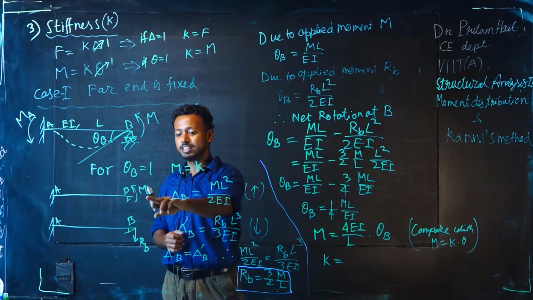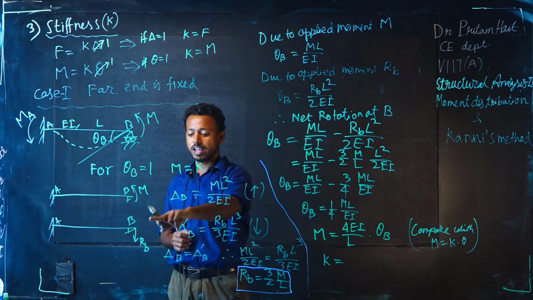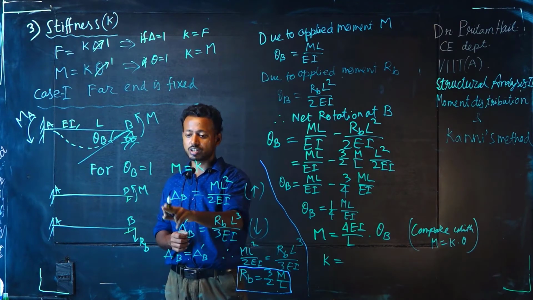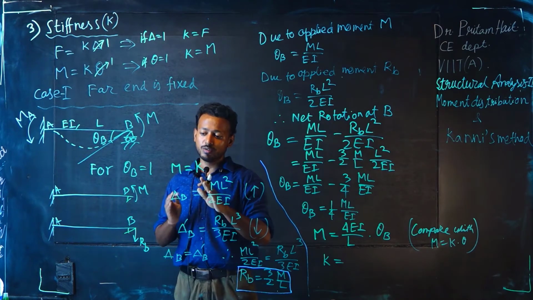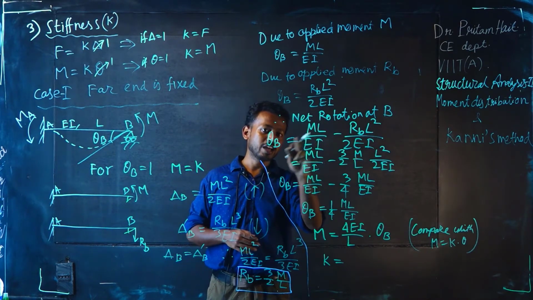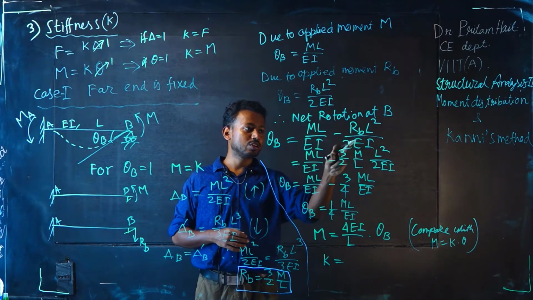Just see here, this moment is trying to rotate this beam in anti-clockwise direction, and this reaction is trying to rotate this beam in clockwise direction. So they will be in different directions. So I can write net rotation at B support will be ML by EI minus R_B L square by 2EI.